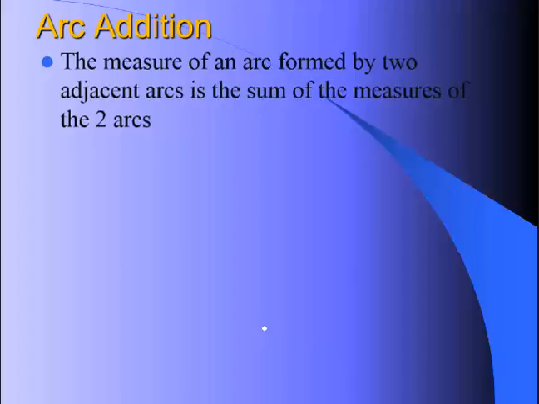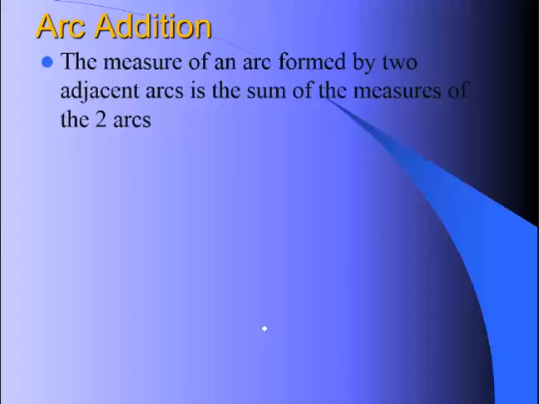So just like our angle addition postulate let us add angles together to create bigger angles, our arc addition postulate lets us do the same thing with arcs. The measure of an arc formed by two adjacent arcs, remember what that word means, you can't forget that, is the sum of the measures of the two arcs.